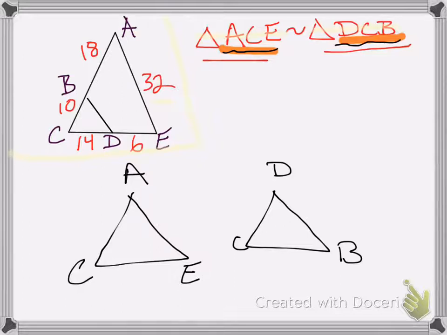Let's look at the smaller triangle first, just because it's a little bit easier. This side right here, CD. We were told that CD is 14 from our picture, so I'm going to put that into my picture. CD is 14. CB from the given picture is 10.